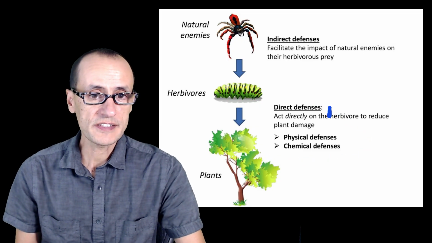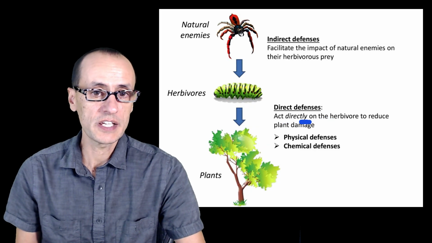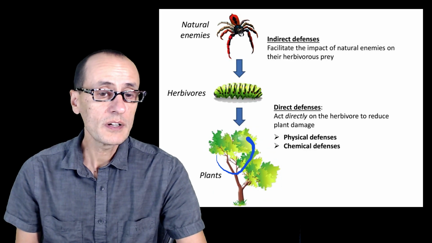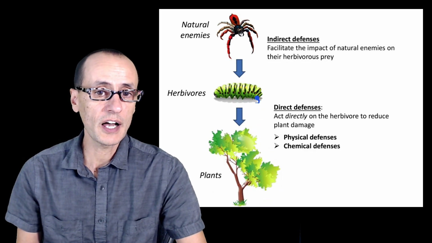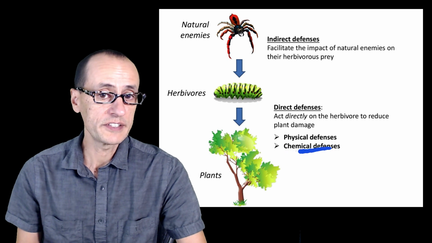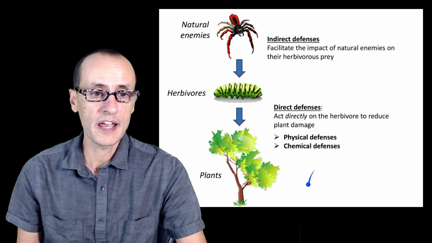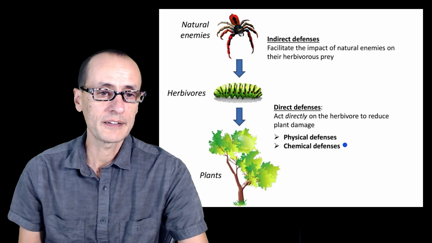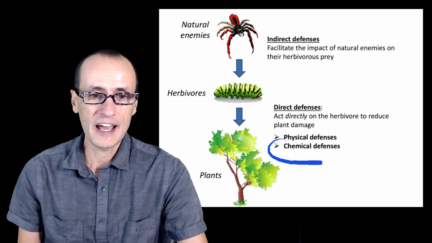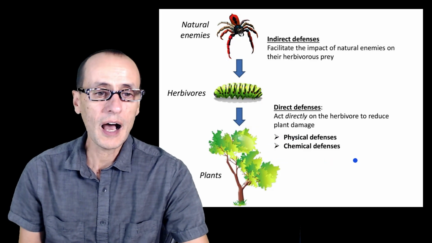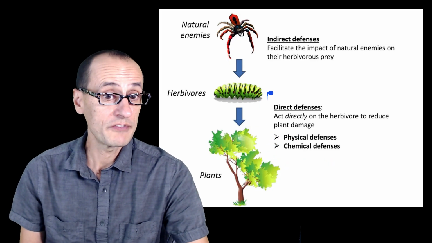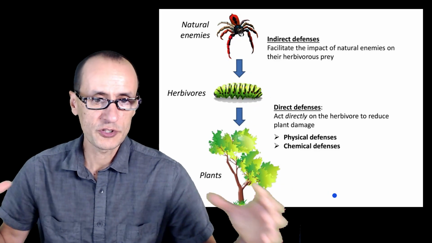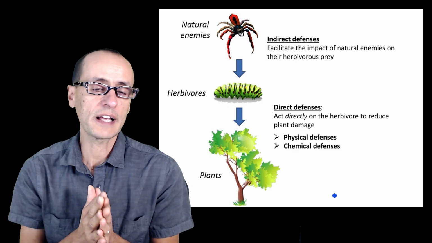You can call them defenses, things that act directly on the herbivore, that either constitute physical properties of the plants that reduce herbivory, or chemical defenses. This is an amazing area, and we're going to learn much more about it. Plants are incredible chemists, and they have a whole suite of compounds that have negative effects on herbivores. These are sometimes referred to as the direct defenses, those things that act directly on the herbivores.